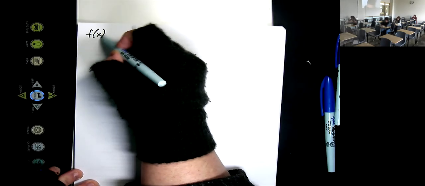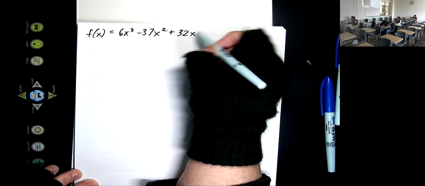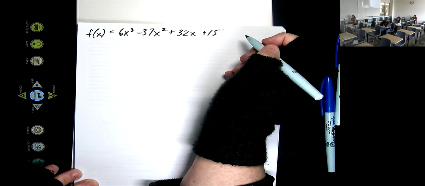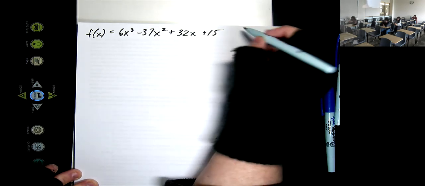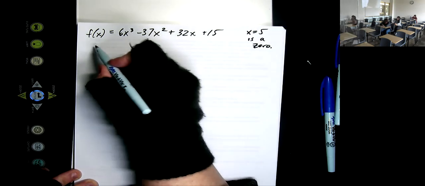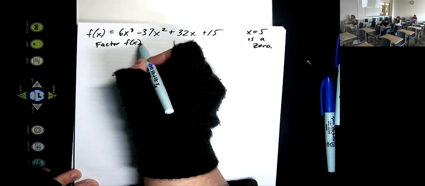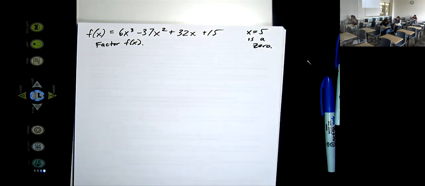So let's start with f of x equals 6x cubed minus 37x squared plus 32x plus 15. And I can tell you that x equals 5 is a 0. I want you to factor f of x. We'll do that together. We'll give you a chance to write that down.